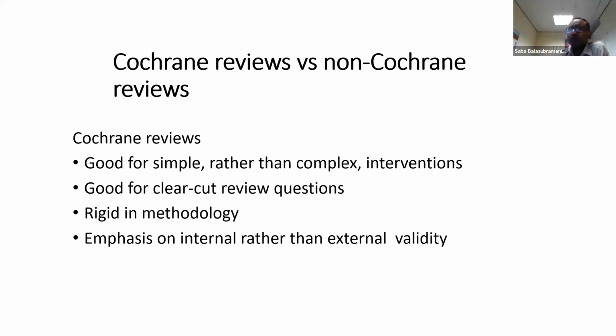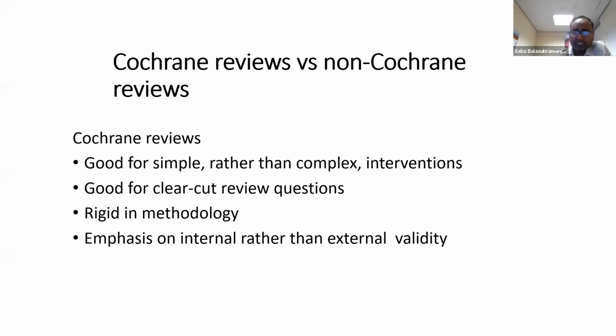Now, Cochrane reviews are particularly good for very simple questions. For more complicated questions, where the studies come in different shapes and sizes and designs, the Cochrane reviews are not very good. Cochrane reviews are also very good for very clear-cut review questions. Is A better than B? Straightforward questions. Cochrane reviews are good.